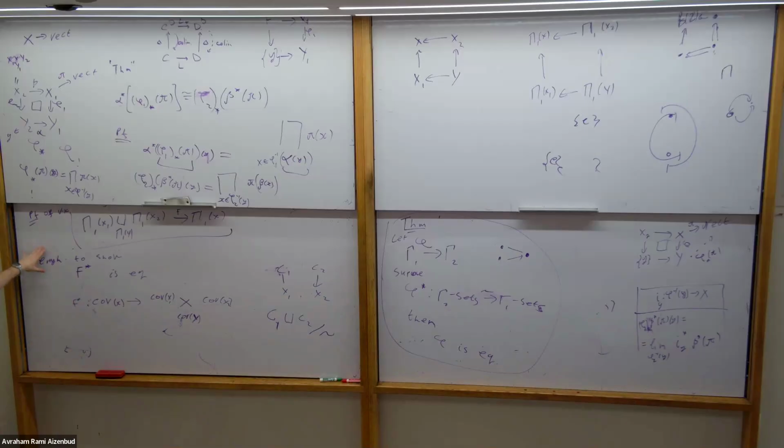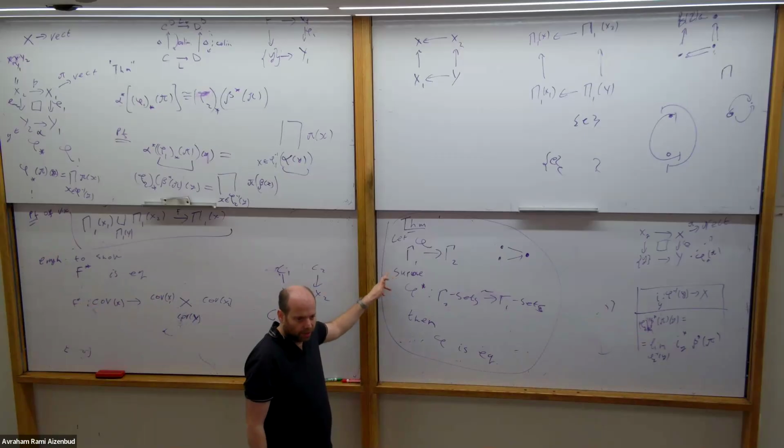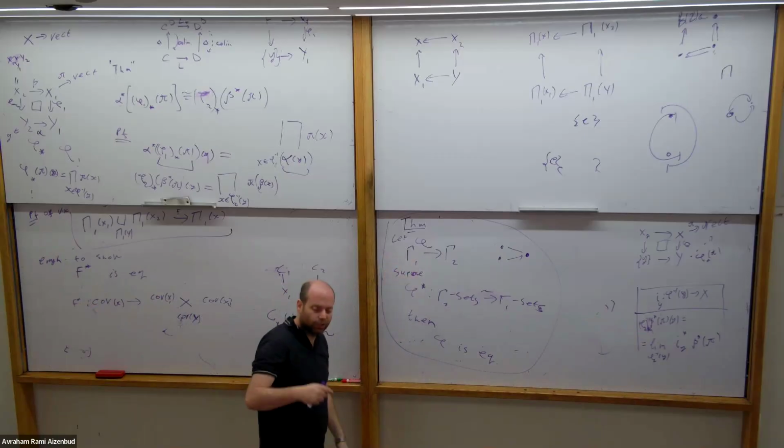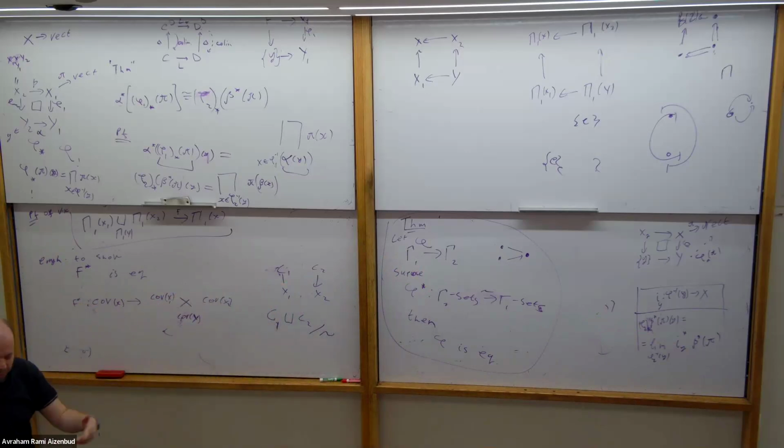So almost no topology is involved after this point. So we need to have this lemma that says that if a functor of groupoids induces an isomorphism on the level of gamma sets, then it's an equivalence.